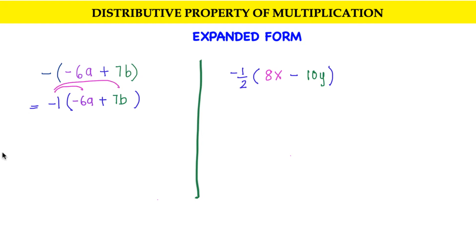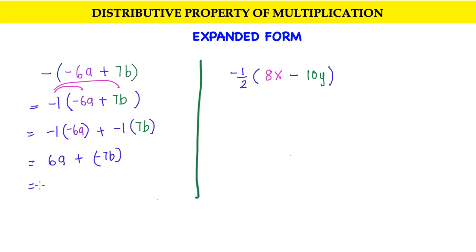So that would be -1 times -6a plus -1 times +7b. And then -1 times -6a is +6a plus -1 times 7b is -7b.